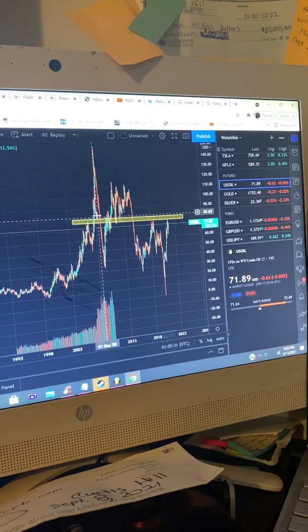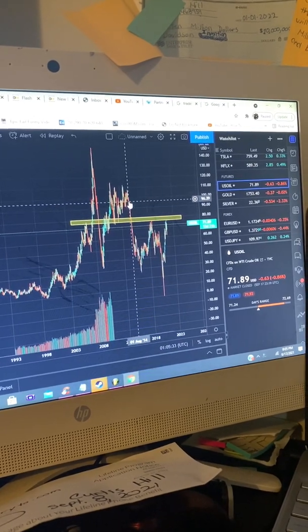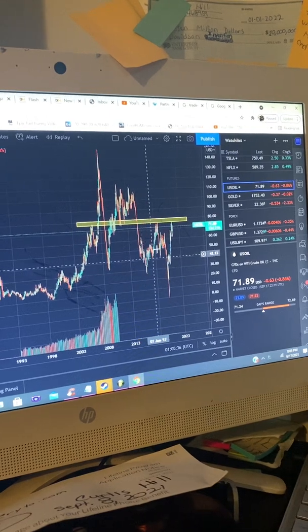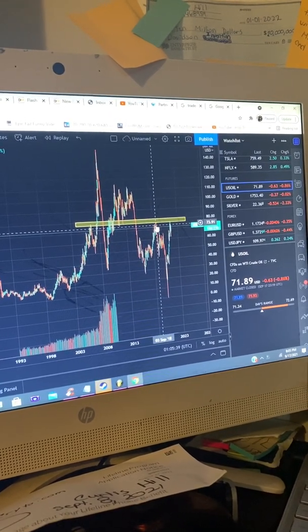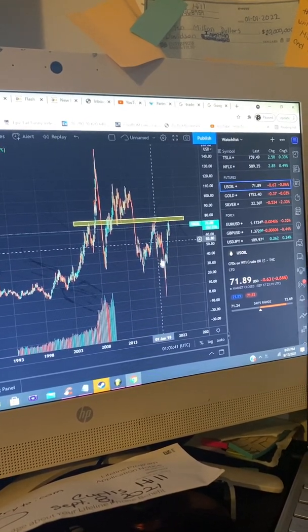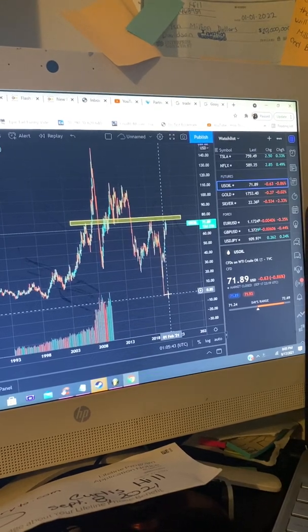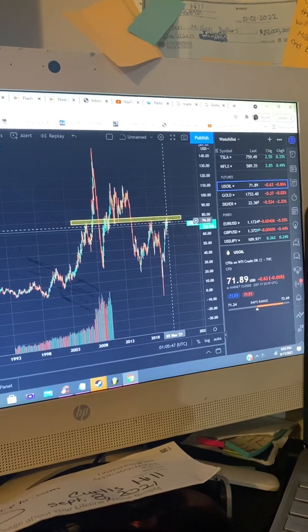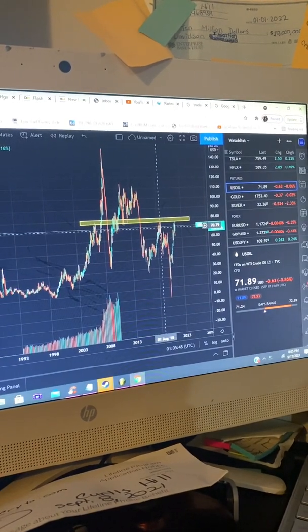Really simple thing. Phase 1, market broke. Phase 2, the pullback to the retest area. Phase 3, the lower low. Now it came back up to the retest area, and this week it rejected the retest area.